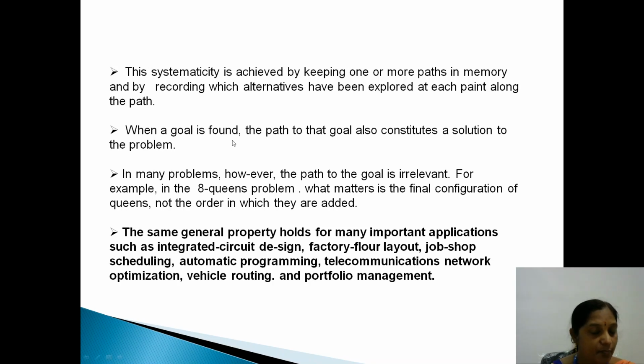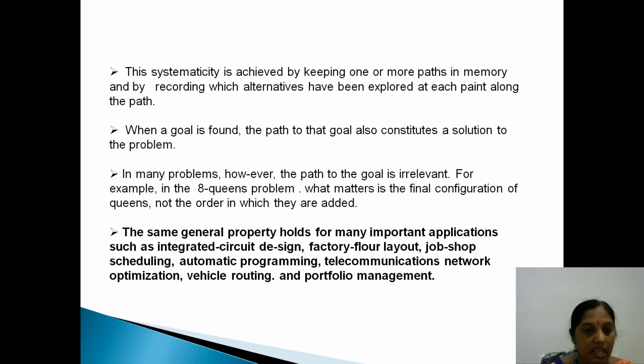When a goal is found, the path to that goal also constitutes a solution to the problem. Whenever the goal is found, it shows this is the path which gives the solution for the current problem. And in some problems, the path to the goal is irrelevant. So that is not a constant. We have different kinds of paths to reach the goal.